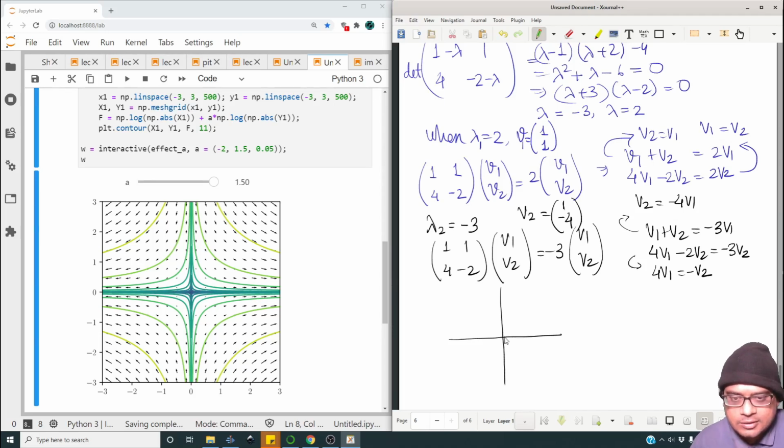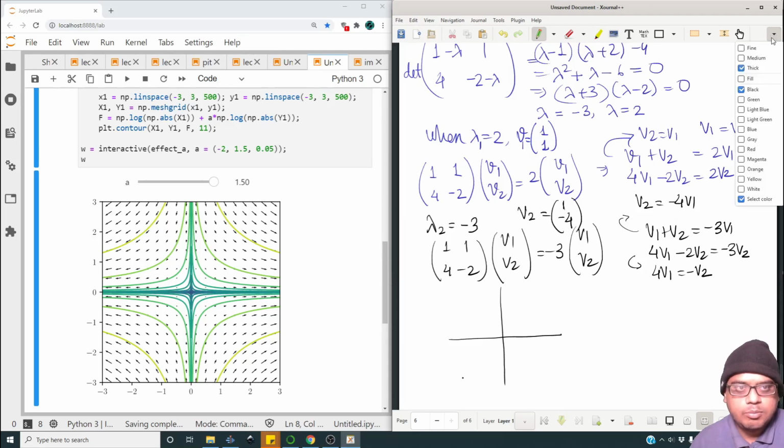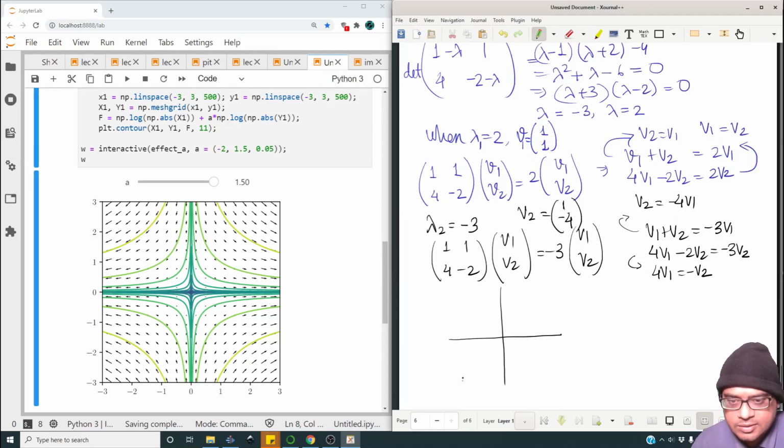In the two-dimensional plane, the 1 comma 1 eigenvector will point in this direction, and the 1 comma minus 4 eigenvector will point in this direction. And what is the meaning of an eigenvector? Here it will be clear.